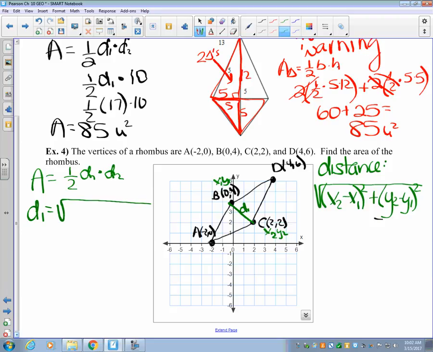Okay, so x2 is 2, x1 is 0, and we square it. y2 is 2, y1 is 4, we subtract them and square them. 2 minus 0 is 2, 2 squared is 4. 2 minus 4 is negative 2, and negative 2 squared, when I have the negative inside the parentheses, it makes it positive. Also 4.